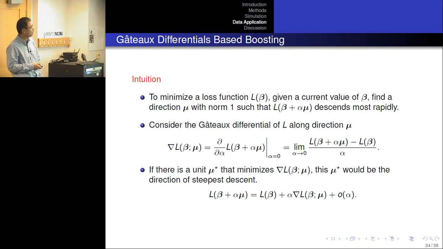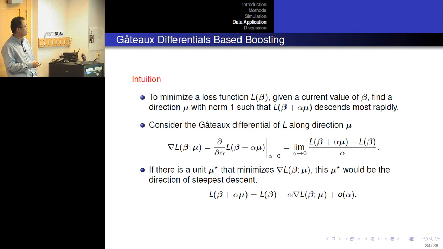Remember, in the Cox model, each variable has a single parameter. We can calculate the gradient. Its gradient is just a scalar. And for this case, it's more complicated. In the finite dimensional case, the Gâteaux differential may be a vector. And for the functional analysis case, maybe it's non-parametric, it's more complicated. But still, we can use the idea.